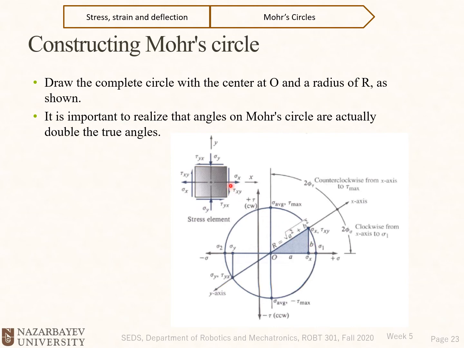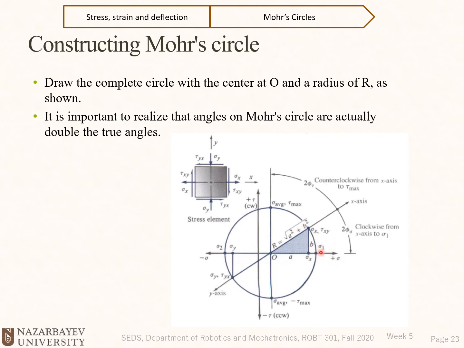Where should we rotate that? If we rotate it clockwise, then the x-axis will sit on the principal coordinate system, and sigma x will be equal to sigma 1, and sigma y will be equal to sigma 2. So you see that if we rotate this element clockwise, sigma x, or this point, will come and sit on sigma 1.